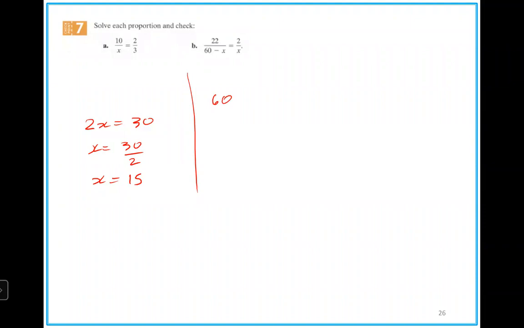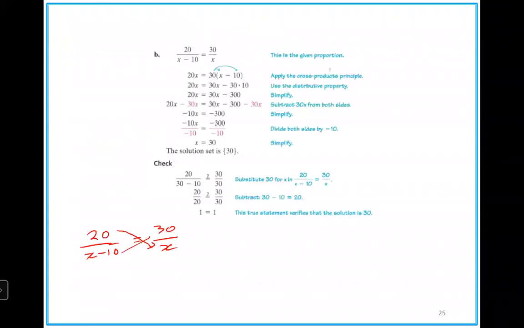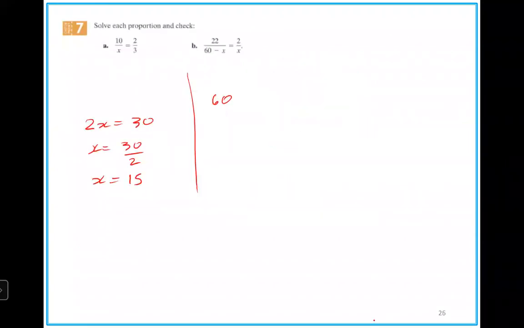Do I treat x as 1 and say 60 minus x is 59? No, you can't do that. You're going to multiply the 60 minus x, the whole of that. The 60 minus x times 2 is equal to 22x. Right, okay.